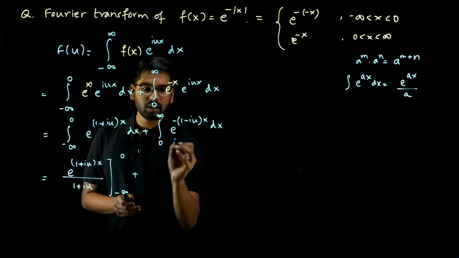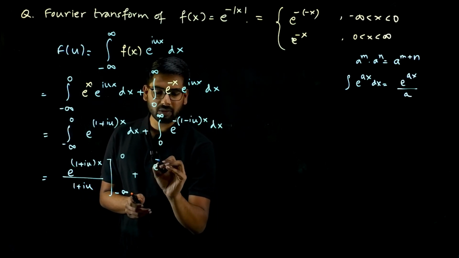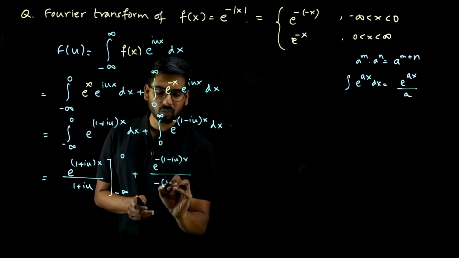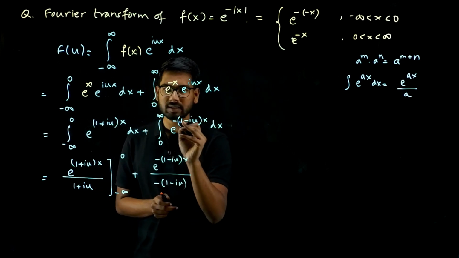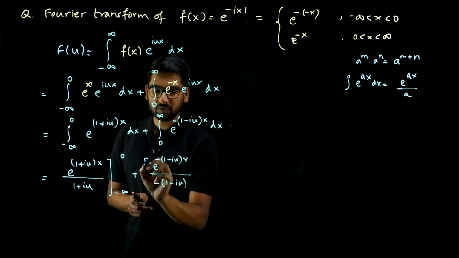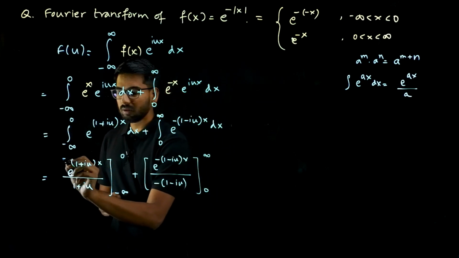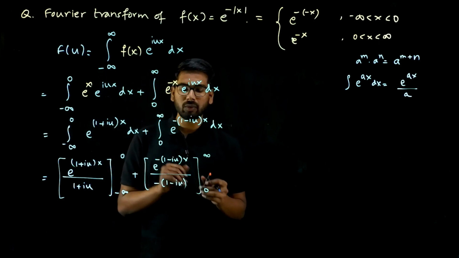Plus here the integration will be e power minus 1 minus iu x over minus 1 minus iu. Whatever the coefficient of x, that will be in the denominator. Here the interval is from 0 to infinity. So this is how we do the integration.